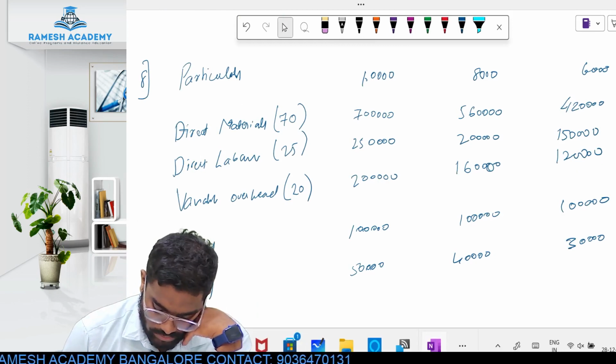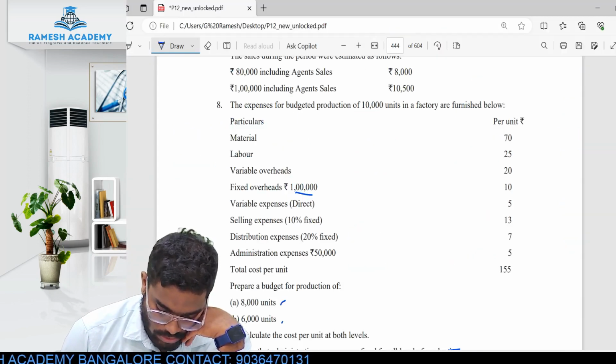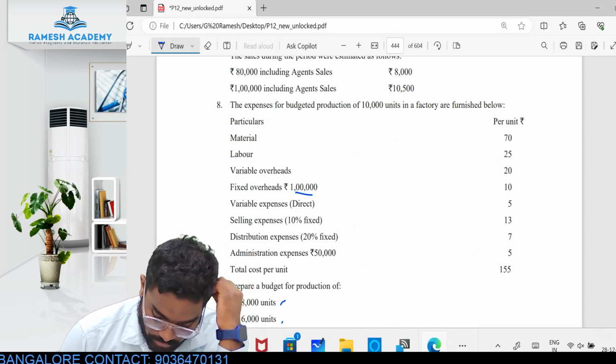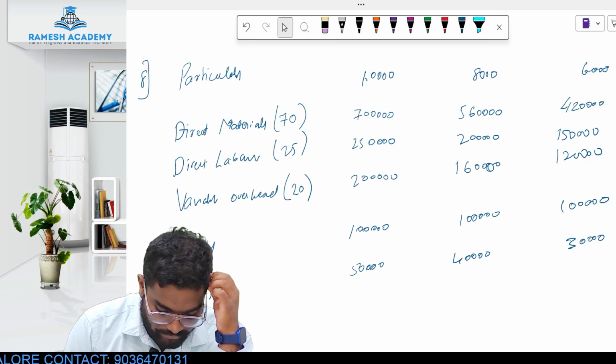Next we have other overhead also. First I'll write admin because admin is fixed overhead. Then selling we have, distribution we have. So first I'll write down admin. 50,000 is fixed.